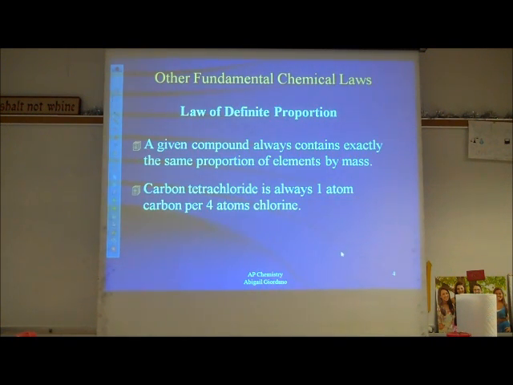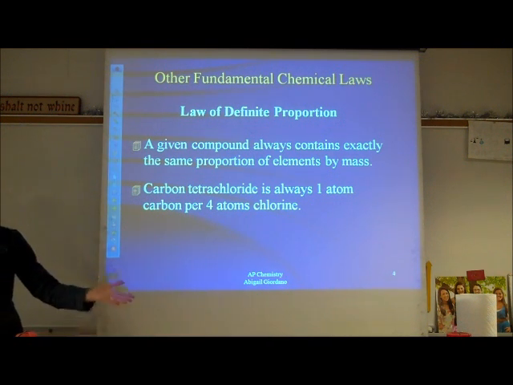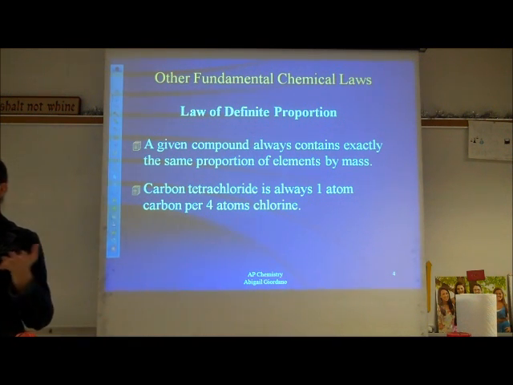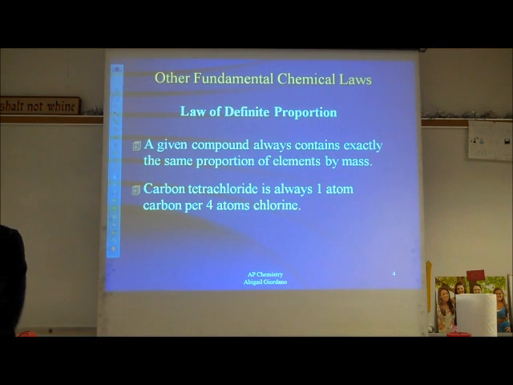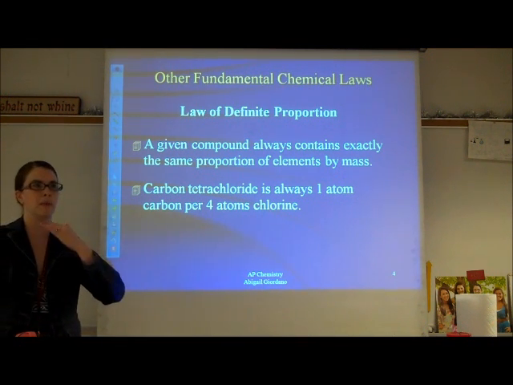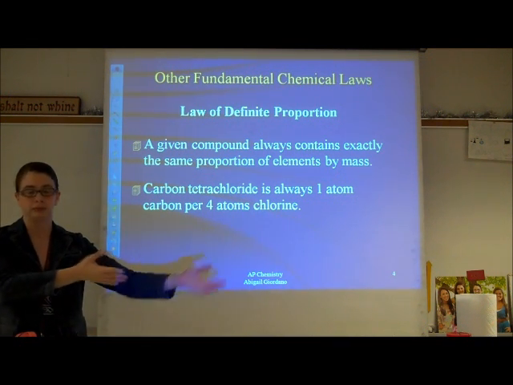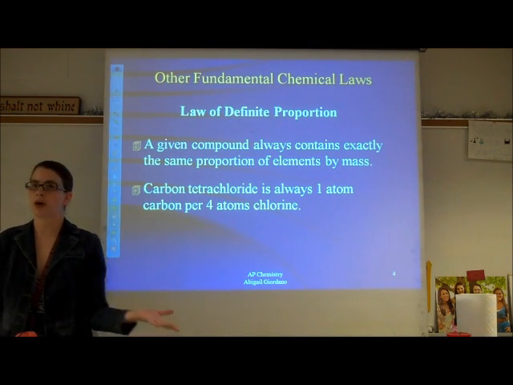This law of definite proportions is, when I explain it to you, something that is so commonplace to us that you're going to say, well, duh. But I guess back in the 1700s, this was kind of revolutionary. I want to give you an example. Simplest one, water. If I take a sample of water from Oakton, and I take a sample of water from Madagascar, it doesn't matter where I get it.